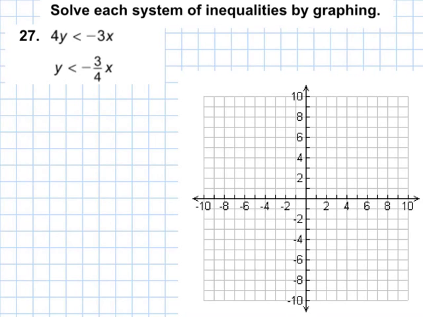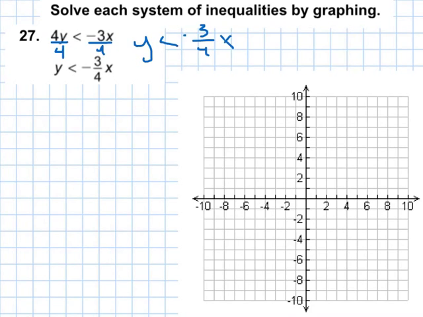Number 27, we want to first solve this equation for y, and we get y is less than negative 3 over 4x. So if you look, we have the same equation. That means it's going to be the same line, which means that we'll still graph it, negative 3/4x.